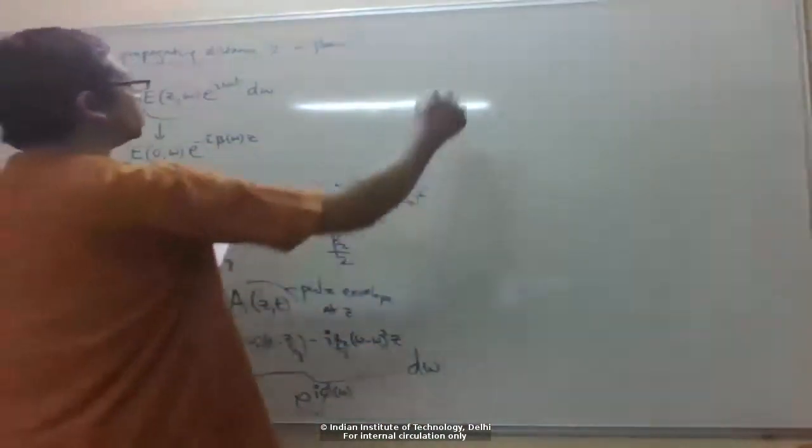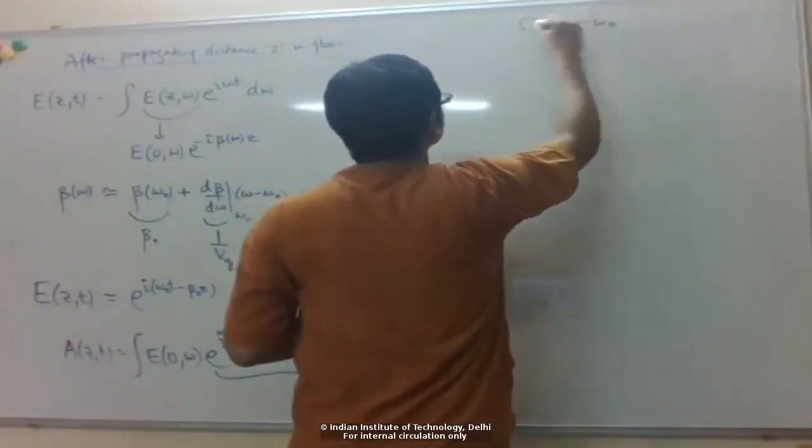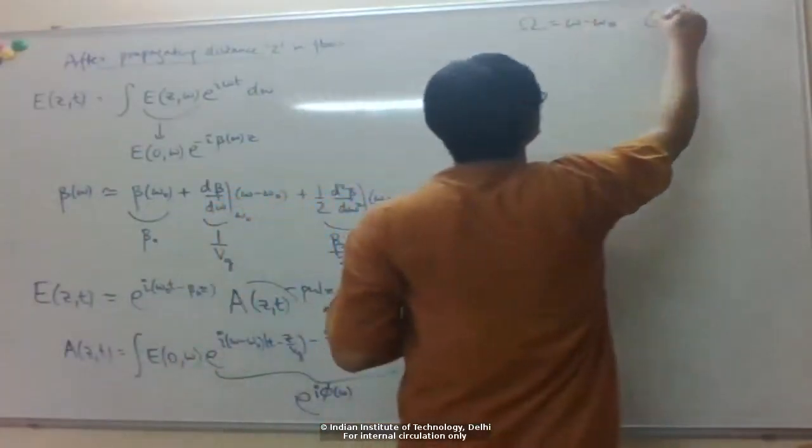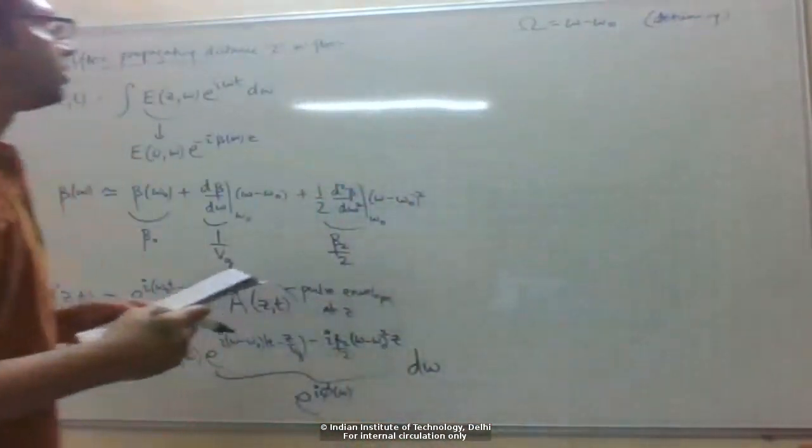So here if we put capital omega as omega minus omega naught, this omega is known as detuning, the shift from the center frequency.